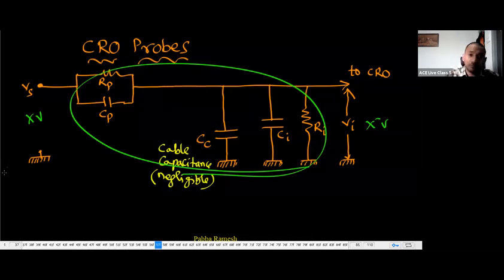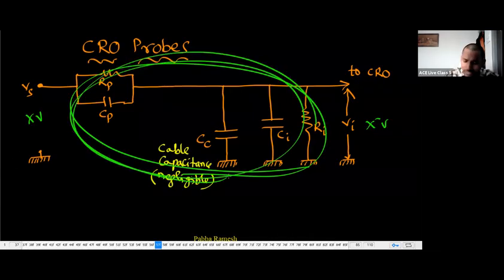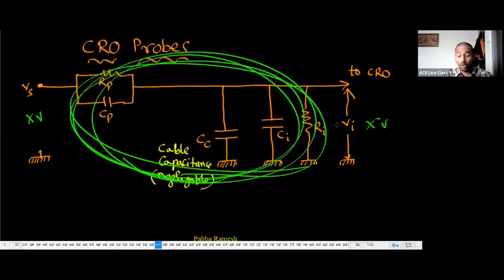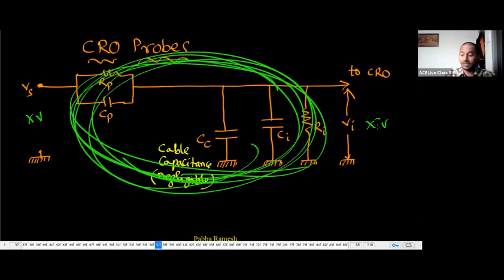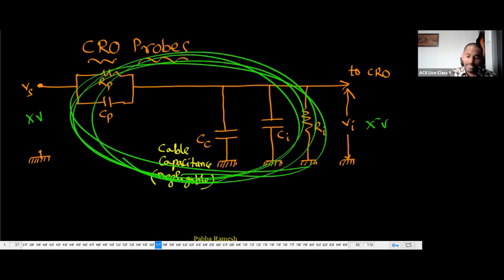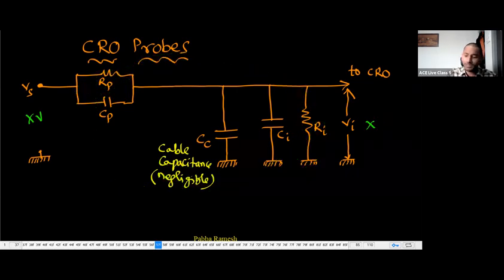Otherwise, if the frequency is changing and the drop keeps on changing, the input voltage keeps on changing, and with more voltage drop here, less voltage will be applied to the CRO. That is the reason why, whatever frequency we are giving, the attenuation must be the same. But what must change?